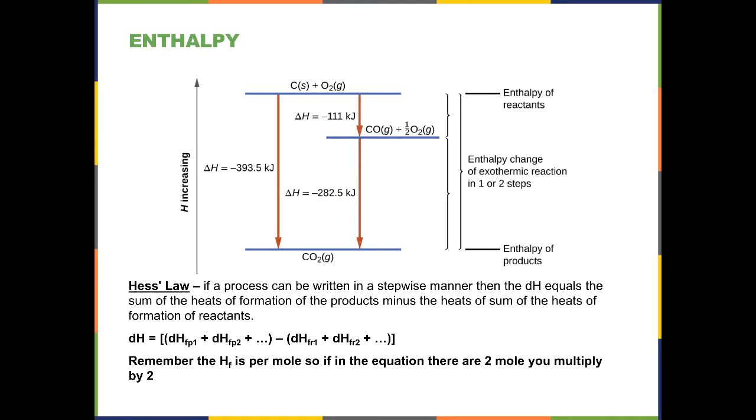Remember that the heat of formation is per mole, so if the equation has 2 moles, you multiply by 2. If it's a half, you multiply by half. You also have to remember that if you reverse the direction of a reaction, then the heat of formation is the same, but the sign changes from negative to positive or from positive to negative.